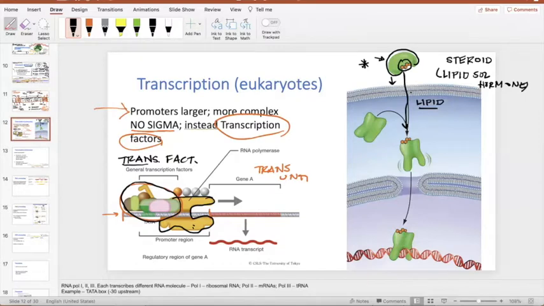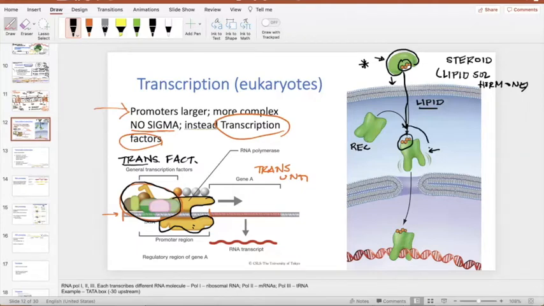Once the steroid arrives inside the cell, it attaches, see, this is a receptor here. You can see it's got one conformation before the steroid arrives. Once the steroid diffuses into the cell, it attaches to the receptor here, and that changes the conformation of that receptor.